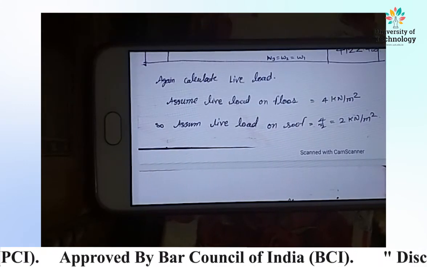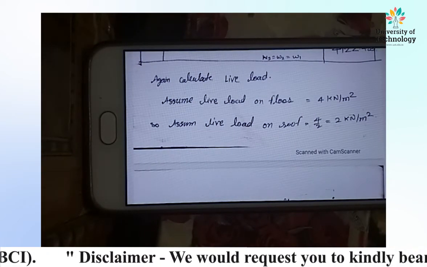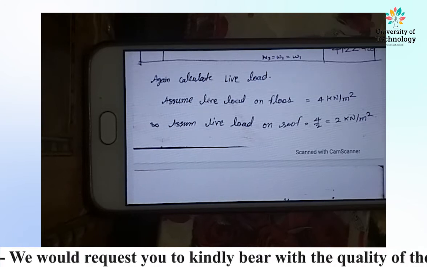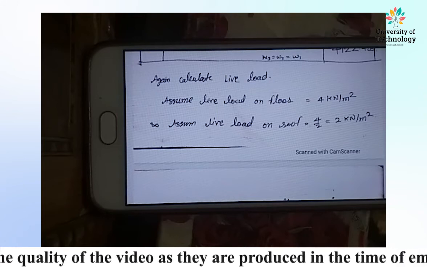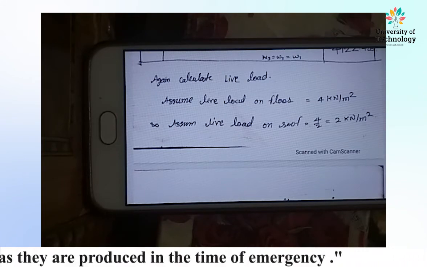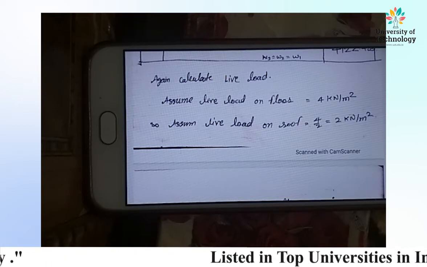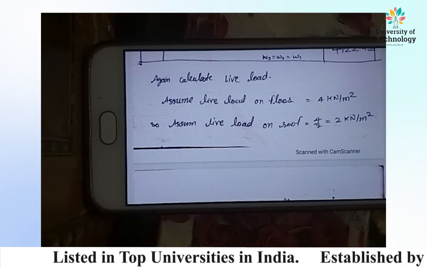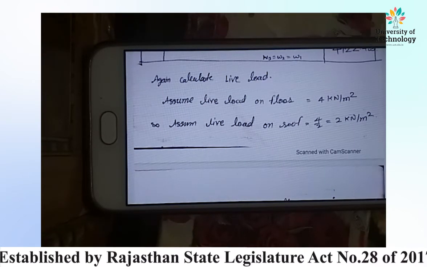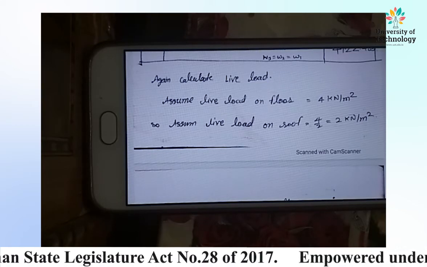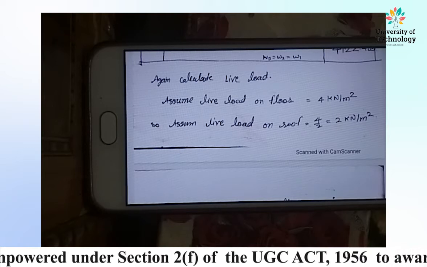Again, calculate live load. Assume live load on floor equal to 4 kN per meter square as given in the question, and for live load on roof, it is a general assumption that the live load on roof is just half of the live load on floor.